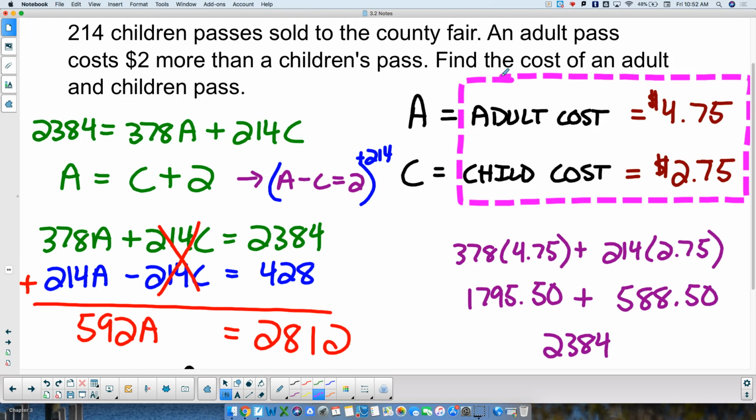Had you rewritten it and just said 4.75 and 2.75, you would be wrong because I don't know which one you're talking about. So when you give your answer on these word problems, your answer is going to be specific in terms of how many of something.